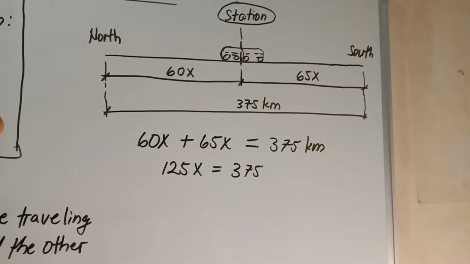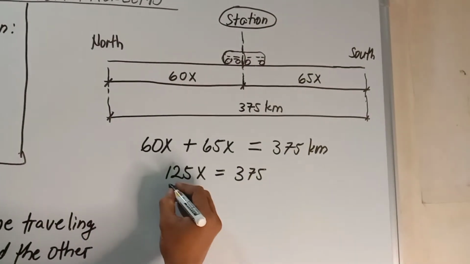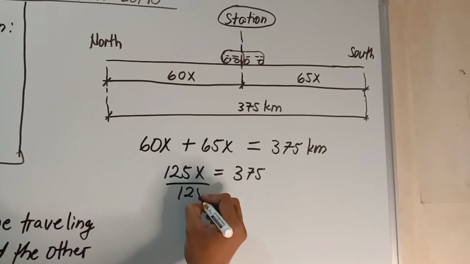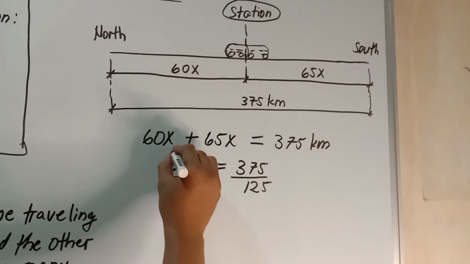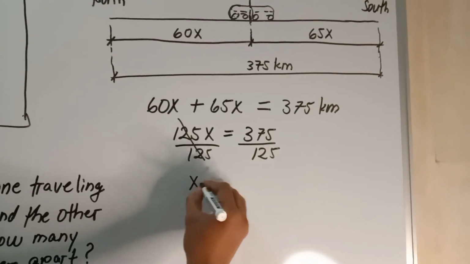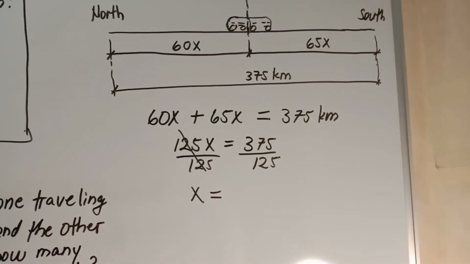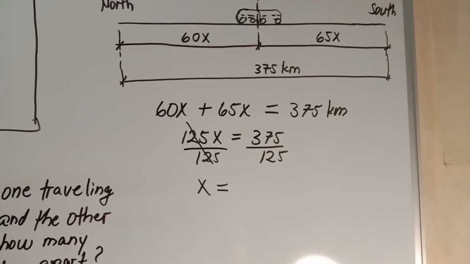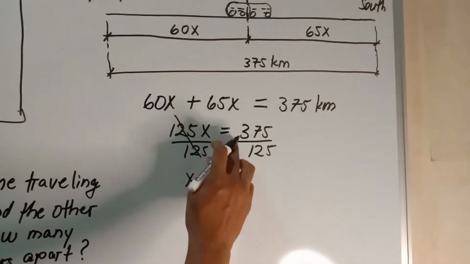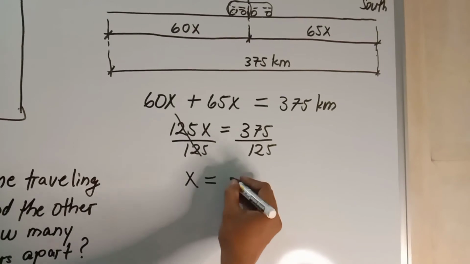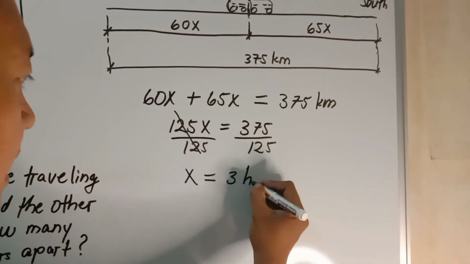This is the distance, divided by 125. Cancel, so the x value will be equal to 3 hours. 375 divided by 125 is 3 hours.